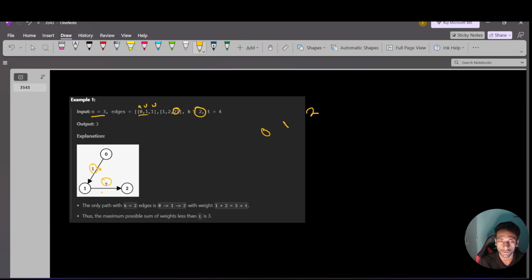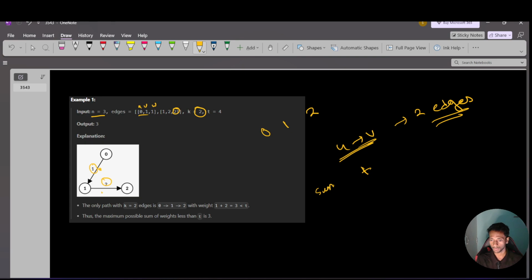And k is equal to 2. That means we have to find a path from u to v that has exactly 2 edges, and the sum of the weights should be less than t. First of all, find all such valid paths.